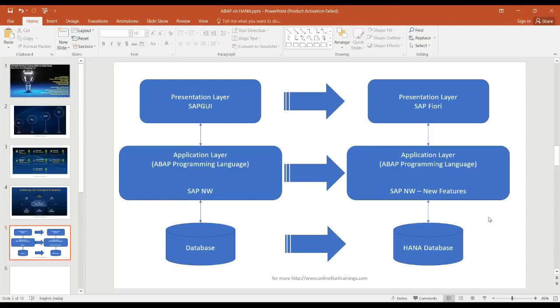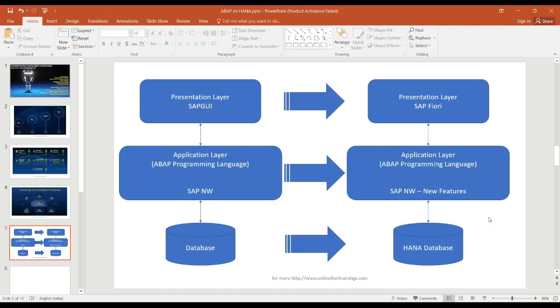Those who are working on BW, no guys, you don't need to. We will cover CDS views in this course. And good news is if you are from a BW background, you do not need to know ABAP for learning CDS views. It's a completely different syntax, nothing related to ABAP. All right, so we will be learning CDS views also in this course.